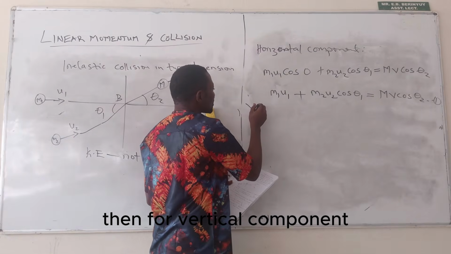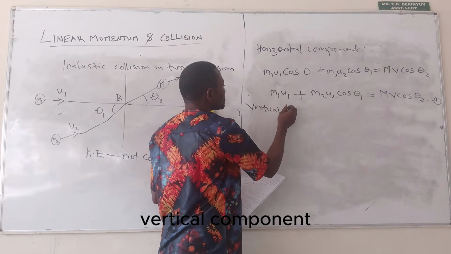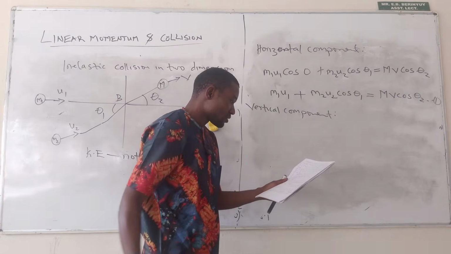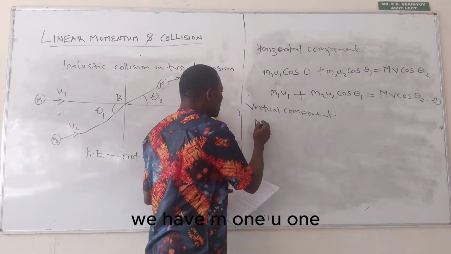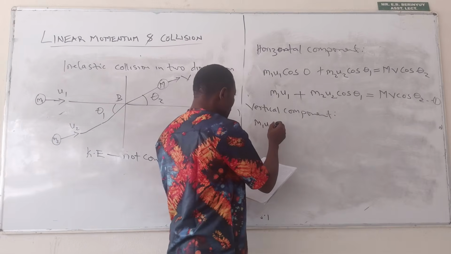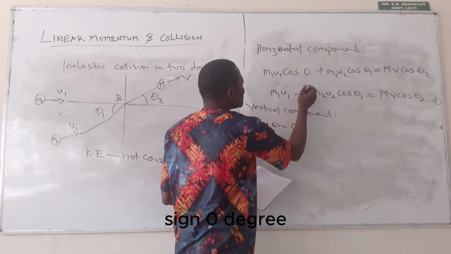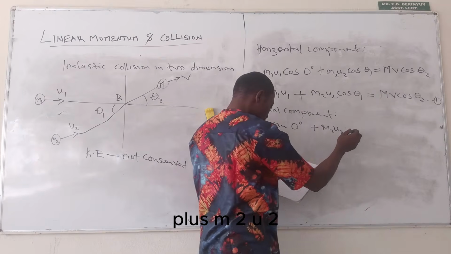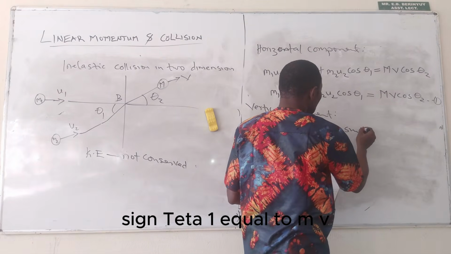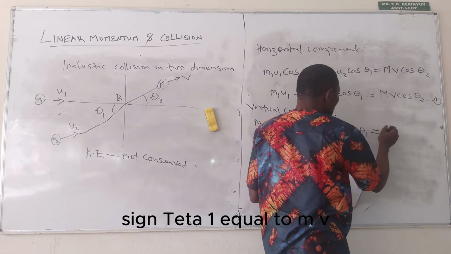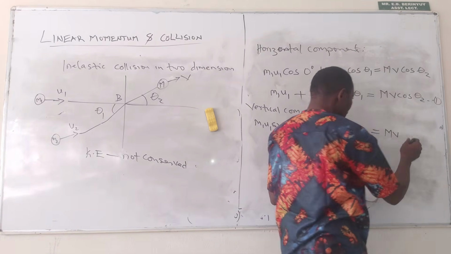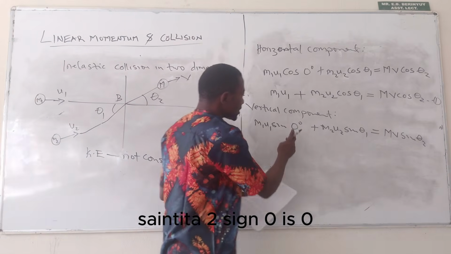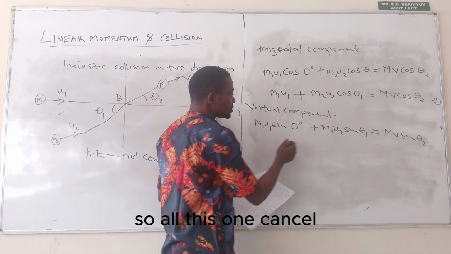Then for vertical component, we have m1 u1 sine 0 degree plus m2 u2 sine theta 1 equal to mv sine theta 2. Sine 0 is 0, so all this one cancel.